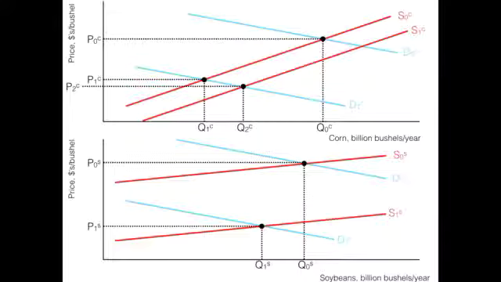Again, how is this going to impact the market for soybeans? Well, as corn falls, again, what's going to happen is people will substitute away from soybeans because corn is so much less expensive. So the demand curve will shift to the left.